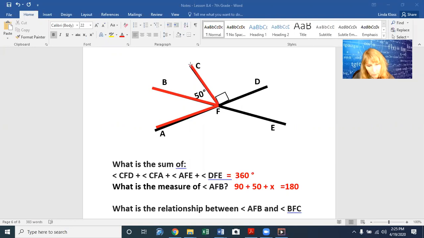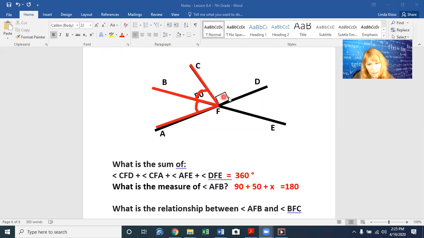Tricky. What's the relationship between this angle and this angle? Well, what do we know? We can look around, and we know geometry is all about looking around at the diagram. This angle here we already know is 90, right? Because it's a little box and it's perpendicular.